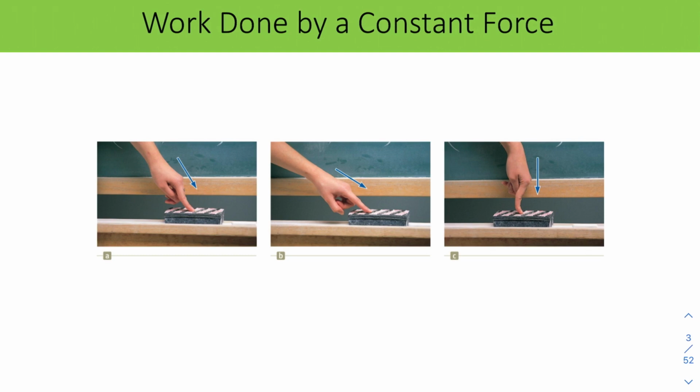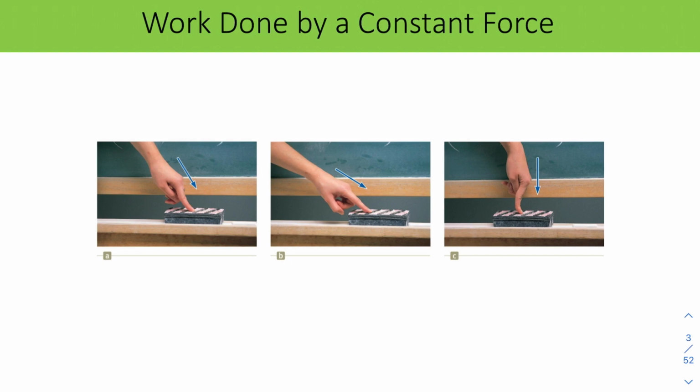Why is it so? It means that it's not only how much force is applied to the duster, or how much distance is traveled by the duster when we apply the force. It also depends on the angle between the displacement experienced by the duster and the applied force.